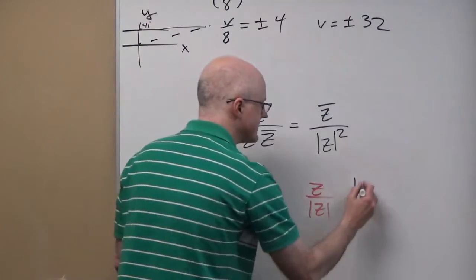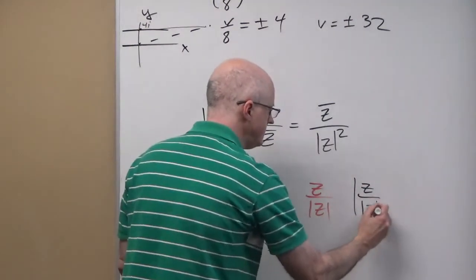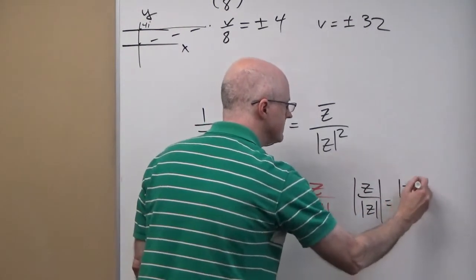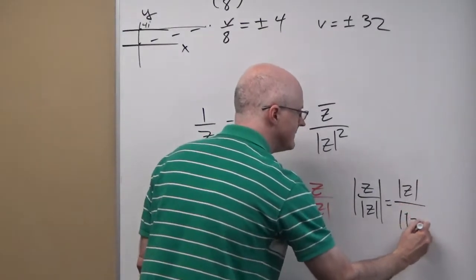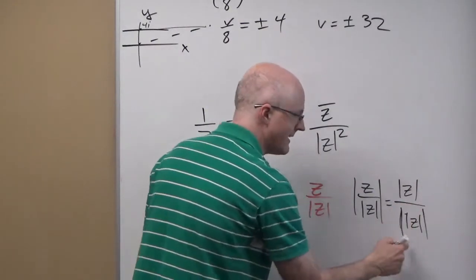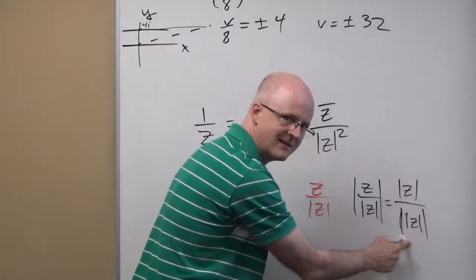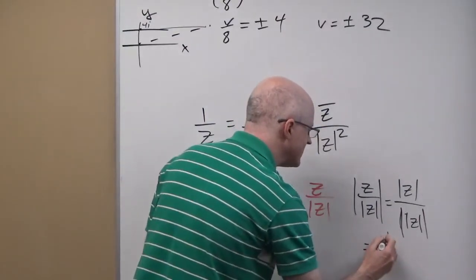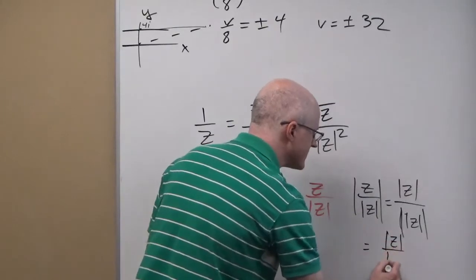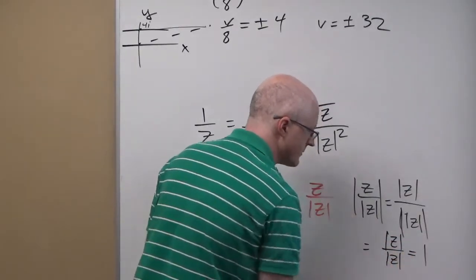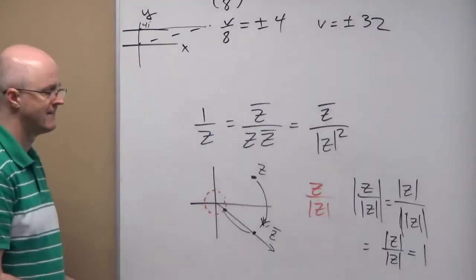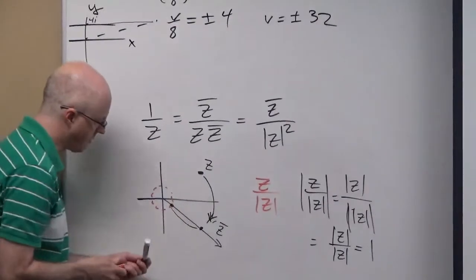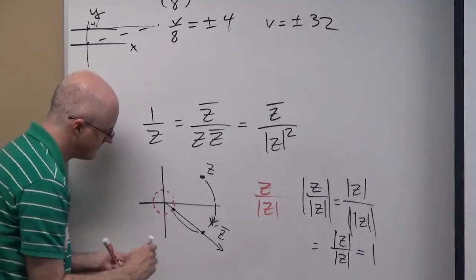The modulus of this, it's not double absolute value signs like for vectors. But both of these equal the modulus of z. As long as z is not 0, this is 1. Anyway, so that's a point on the unit circle.